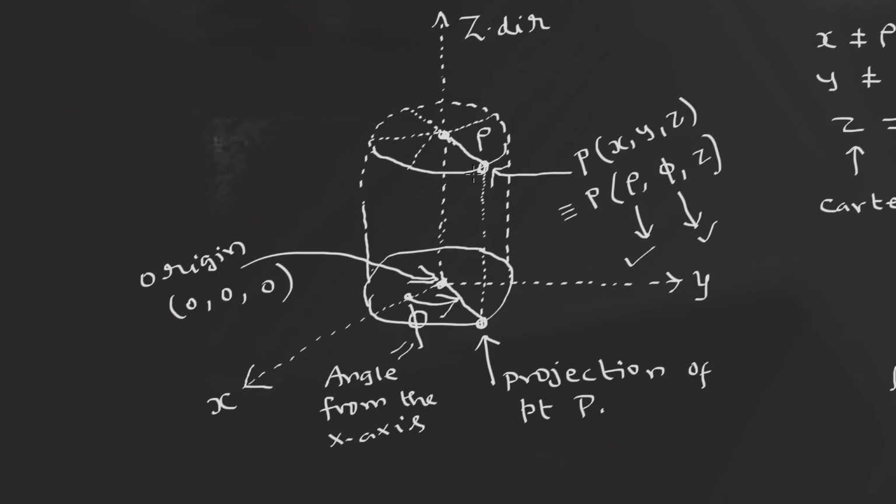Let me show it in this color, for example, yellow. Whatever distance you have from here to here is the distance z. And therefore the distance z is also explained in the diagram. So the basic explanation of the meaning of the cylindrical coordinate system is shown in the diagram and explained.